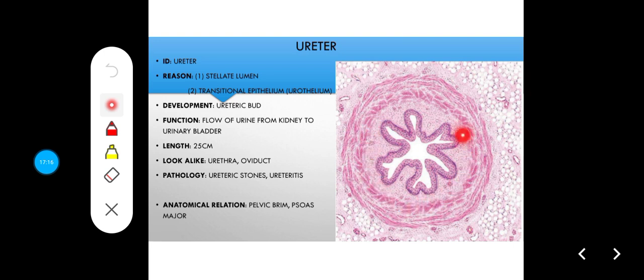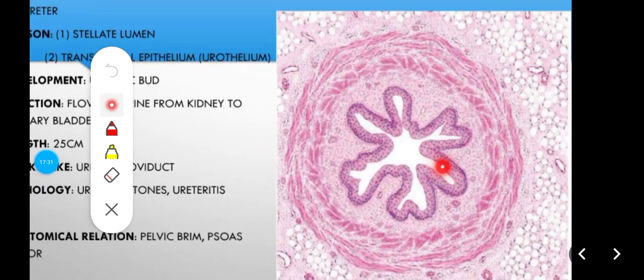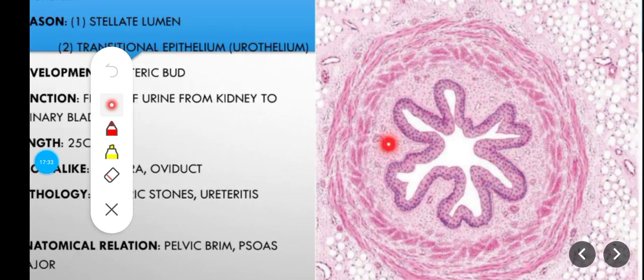This area appears homogeneous. Remember, the lamina propria is a layer of connective tissue, loose connective tissue, where you can find blood vessels. So it looks like the submucosa in the esophagus, but it's not the submucosa of the ureter. Notice how homogeneous it looks.